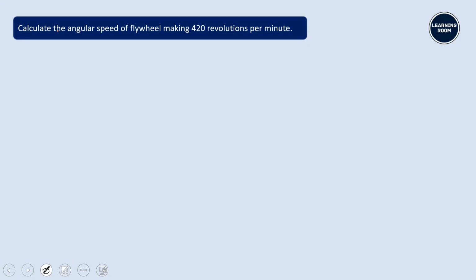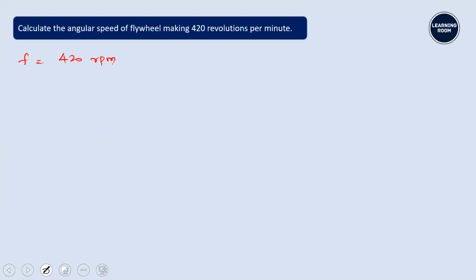The next one asks, calculate the angular speed of a driving wheel which makes 420 revolutions per minute. The given value here is frequency. If you observe, it is 420 revolutions per minute. It's called RPM. You can call it revolutions per minute or rotations per minute.